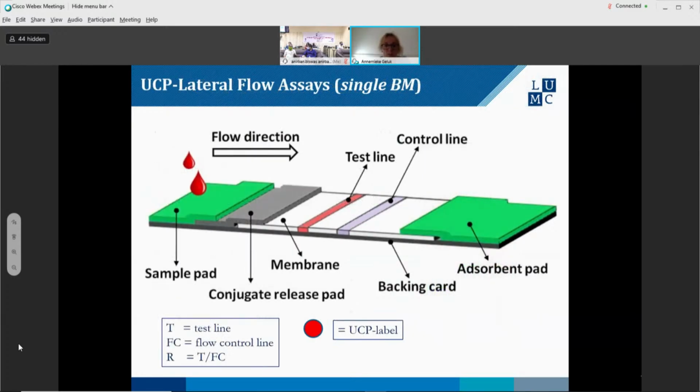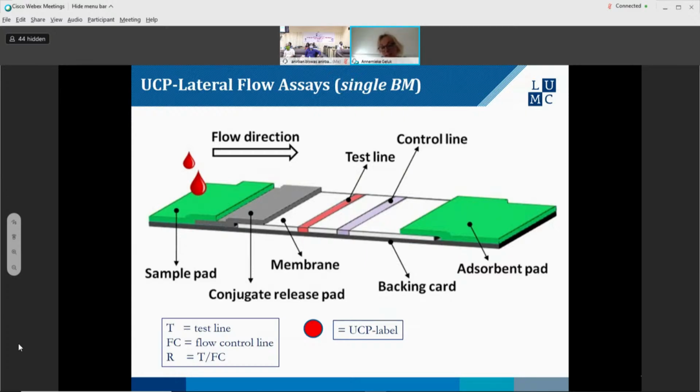So this is what it schematically looks like, the UCP lateral flow for one biomarker. You add to the sample pad a little bit of blood or blood in buffer, and then it flows in the right direction. And then it first encounters the test line where there is the capture antibody for the biomarker that you want to analyze.